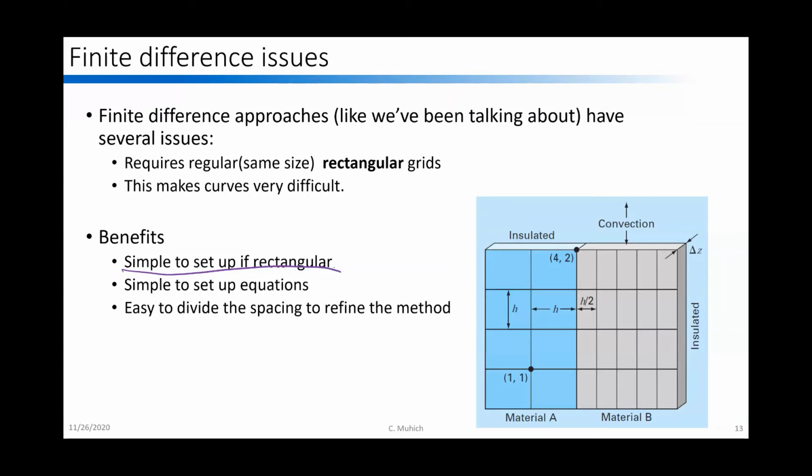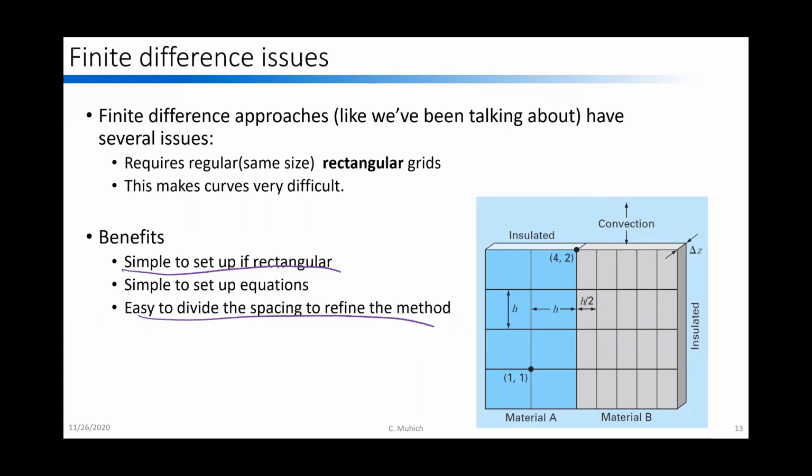The equations are simple because I'm just plugging in i minus 1s and substituting their cases, even if they are a little bit cumbersome to set up, it's quite straightforward. And we can divide the space finer and finer to refine these different methods.